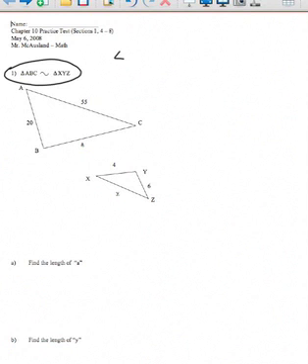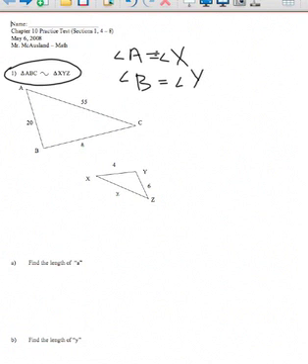So angle A corresponds to angle X. Angle B equals angle Y. Angle C equals angle Z. And we also need to know the sides.